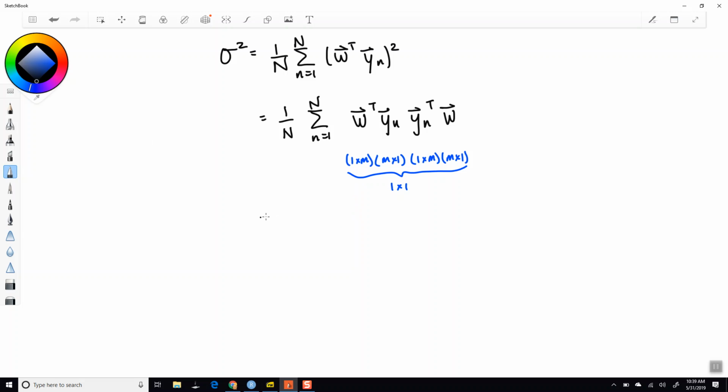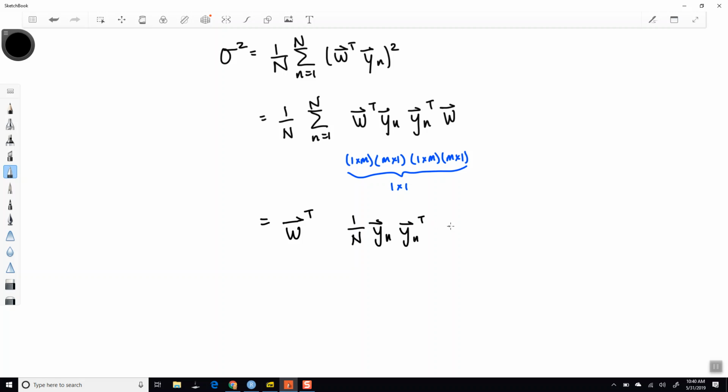So I'm going to pull out the w transpose and w, and I've got w transpose times 1 over N times the sum of y_n y_n transpose, times w.